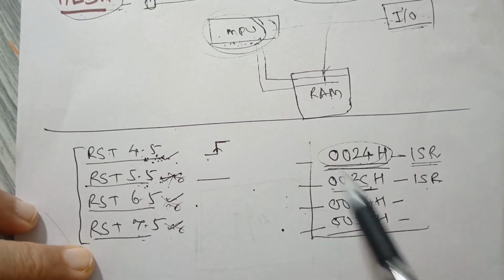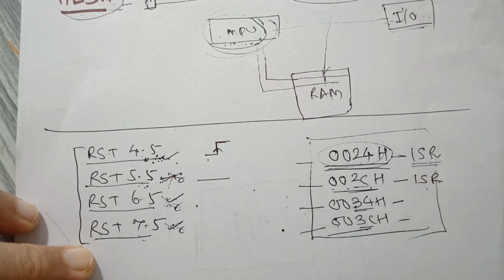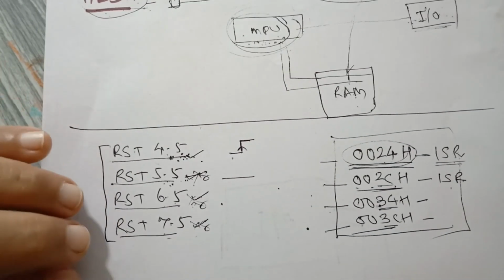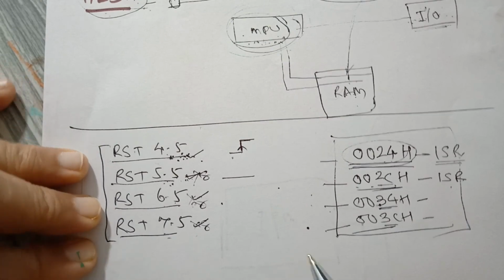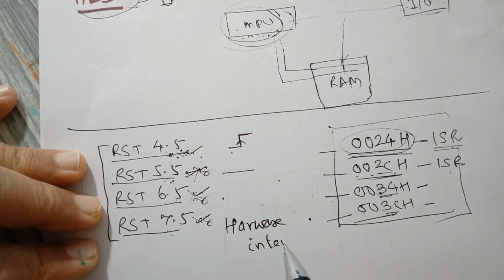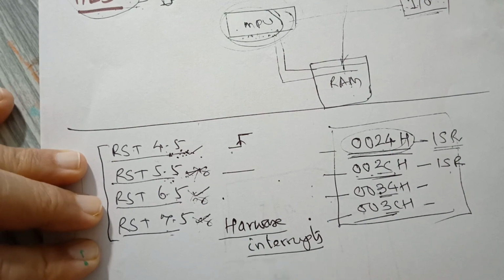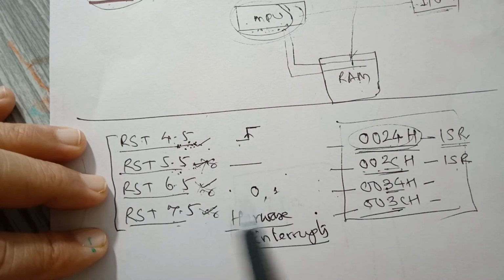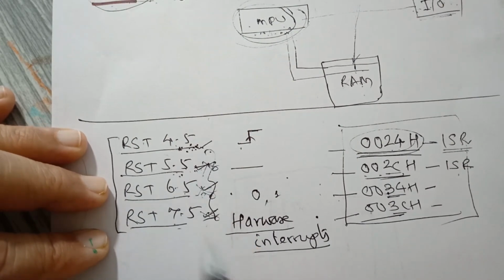So this is an interruption system, and it means you can connect 4 devices to this, and they are called hardware interrupts. Hardware interrupt means physically the device makes this 0 or 1, and so interrupts the microprocessor.